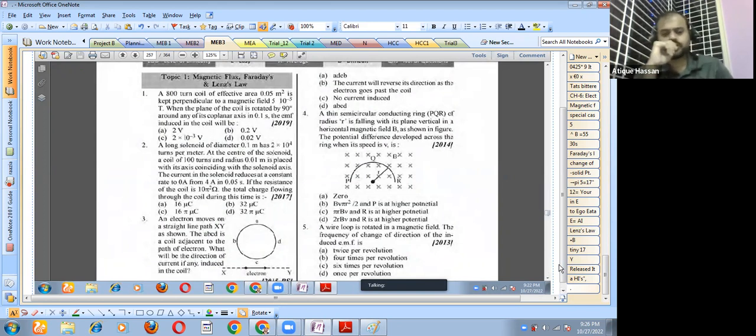Now the coil ABCD. You have to determine the direction of current because of the movement of the electron.